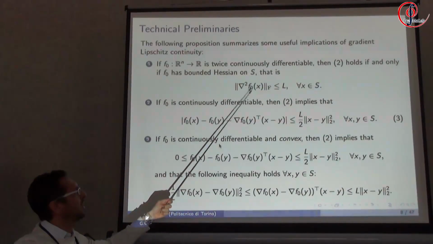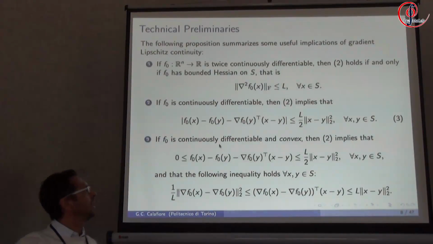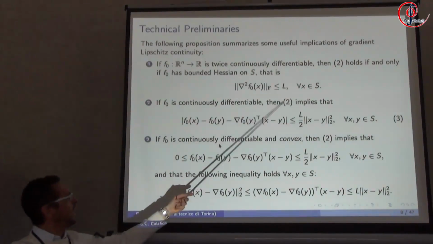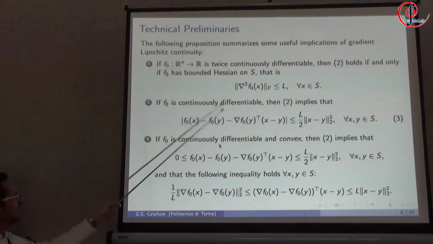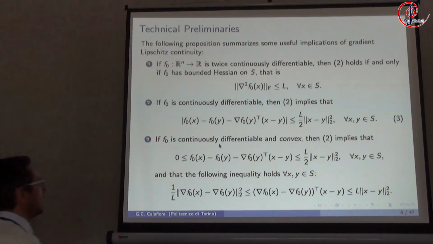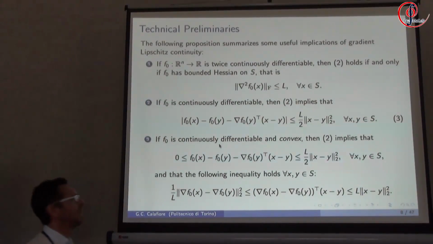So if you like, the norm of the Hessian is bounded by some constant L for all points in the domain S. Moreover, if f0 is differentiable, then the condition of Lipschitz continuous gradient implies this kind of relation on the function.